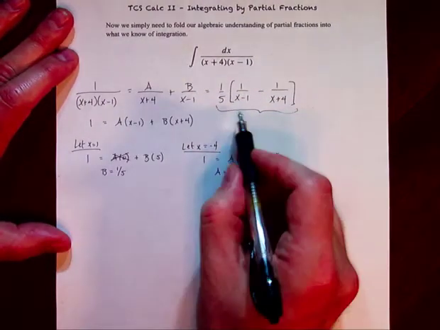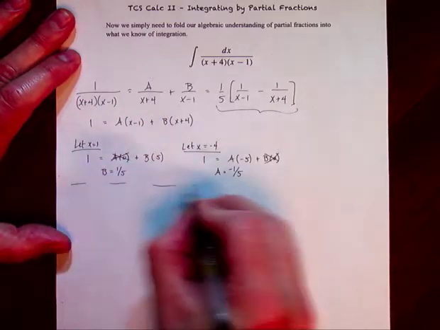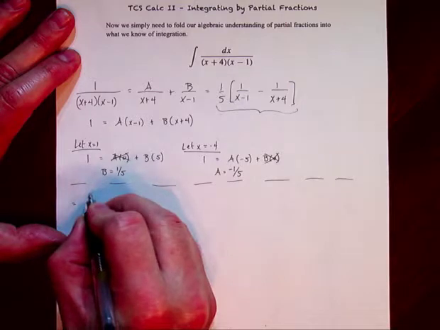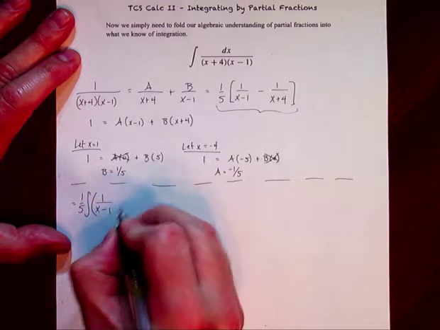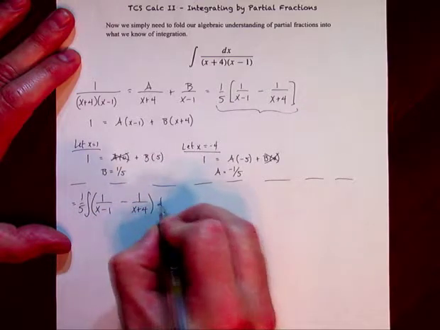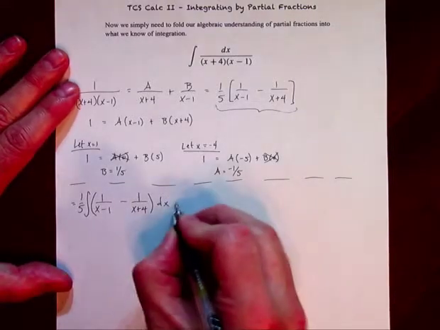Now, because this expression is equivalent to this expression, I can go ahead and just plop it into my integrand, and I'm going to get 1/5 times 1 over x minus 1 minus 1 over x plus 4. And you can split these up into two separate integrals if you want, but it's pretty easy term by term.